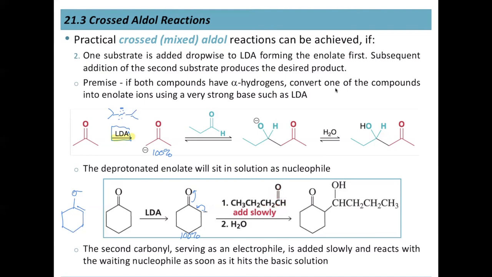So in this case, we're going to add butanal, and we can control who reacts with who. So essentially, we're selecting who our enolate is, and then it attacks the carbonyl. And so we can do crossed or mixed aldol. We just have to think about the order of operations and who we want to attack who.